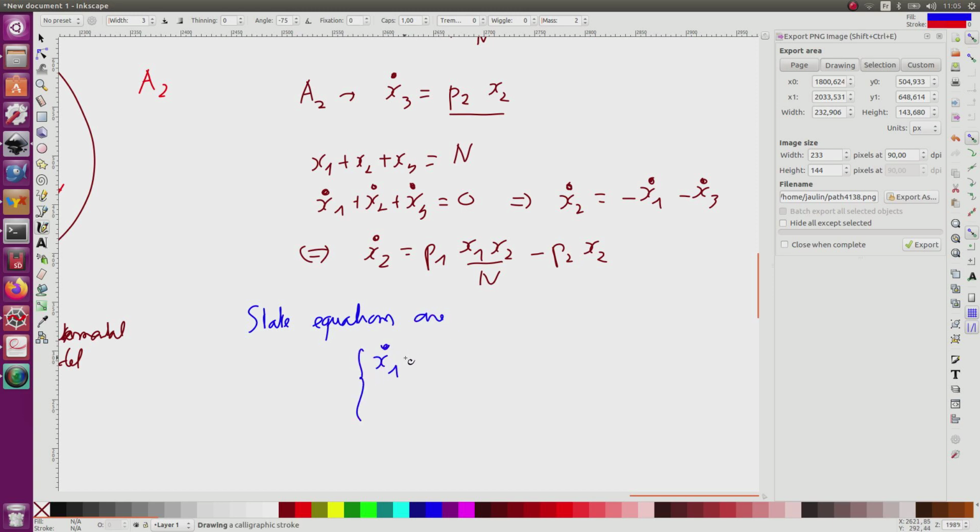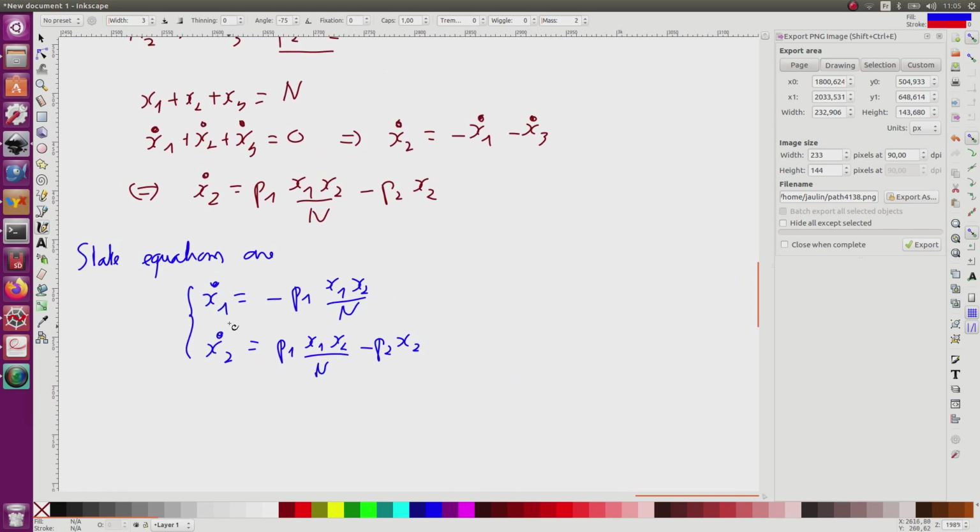x dot 1 equal minus p1 x1 x2 divided by n, and x dot 2 is equal to p1 x1 x2 divided by n minus p2 x2. So note that x3 is not inside the state variable, because if I know x1 x2, then I can guess from the total population the value of x3.